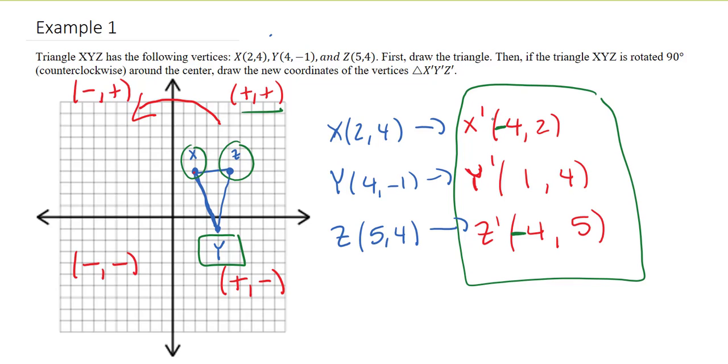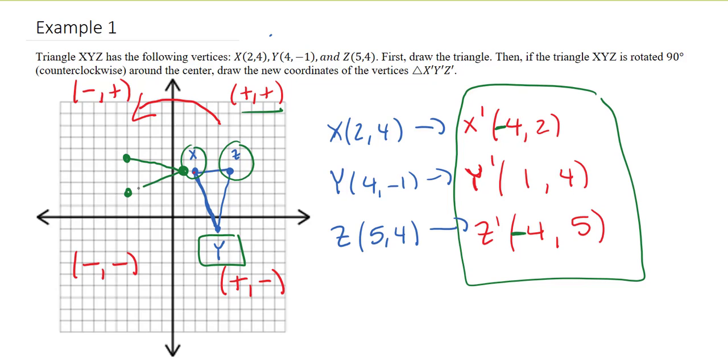We have X prime, which is negative 4 and 2, so we go over 4 and up 2. Then we have Y prime, which is 1 and 4, and it ends up right there. And then we have Z prime, which is negative 4 and 5, so over 4, up 5.